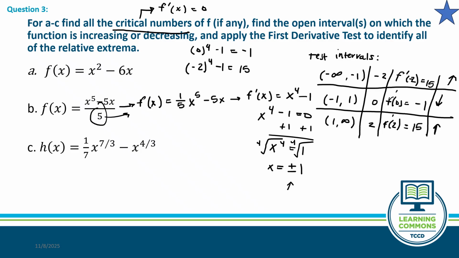So again, it goes from increasing to decreasing at -1, so that means I have a relative maximum. If I plug -1 in, I'll get 4/5.